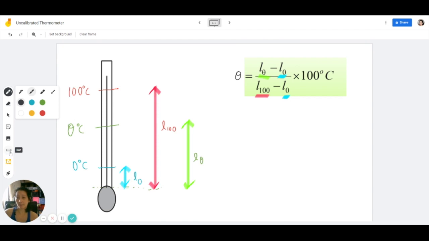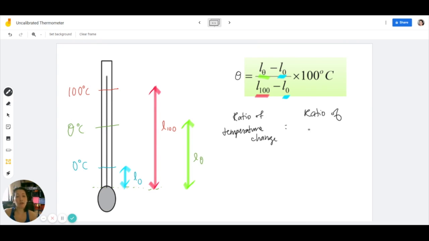Because mercury expands at a uniform rate, this formula is actually derived from the comparison of two ratios: the ratio of the temperature change to the ratio of the length change. Because remember, mercury expands at a linear rate. For every 1 degree Celsius, that change is uniform. And that's why this works.